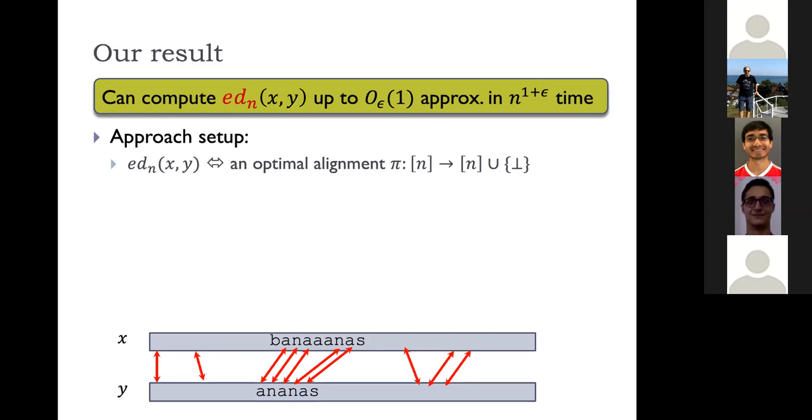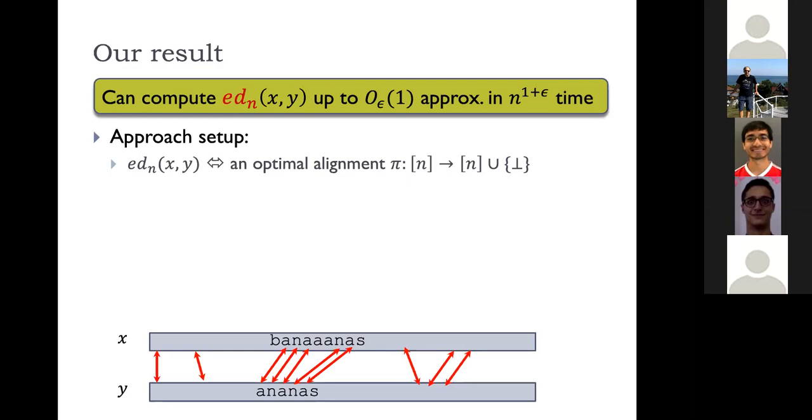We have strings x and y. These are n-length strings from some alphabet, and these arrows correspond to this alignment. As you can see from the extra letters in bananas, not all letters from one string will correspond to the other string, and the other way around.